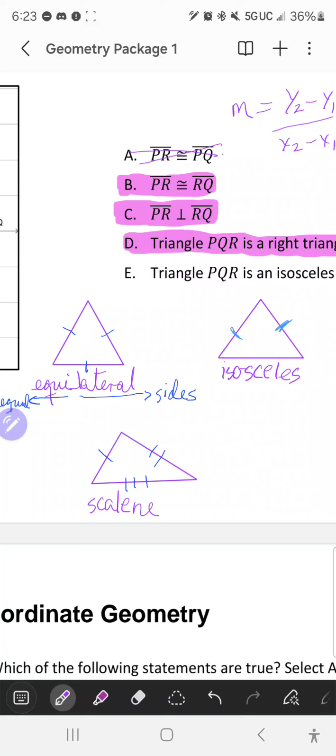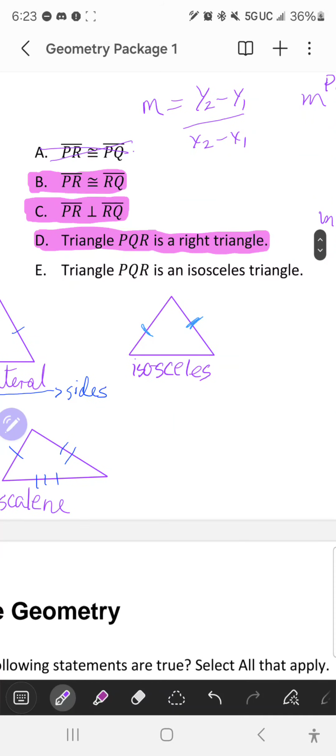To be an equilateral, they all need to have three equal sides, not only two and not different ones. Just the three have to be the same length. For the isosceles, they just need to be two.